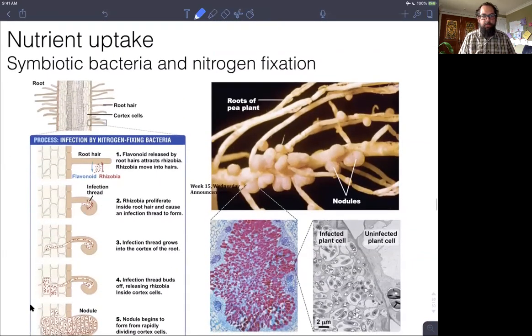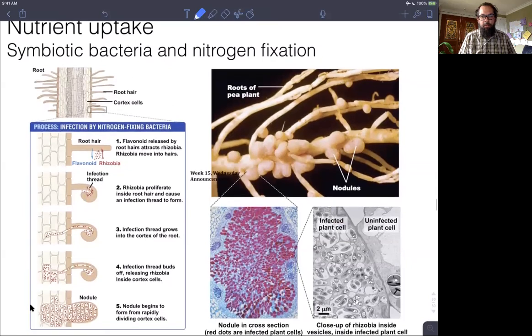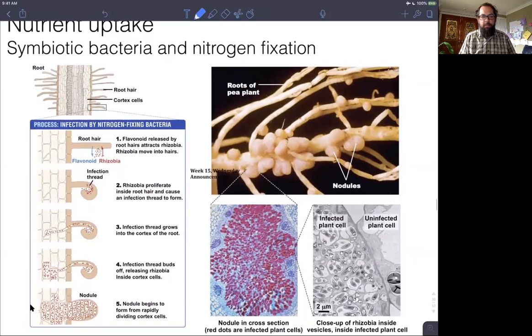I'm not going to hold you to memorizing this sequence of events, but what I want to show you here is that it's the root hairs themselves that are manipulated. And so the plants are releasing a signal. This is a biochemical signal, flavonoids, into the soil, and that actually attracts the rhizobia, the nitrogen fixing bacteria, to the plant root hairs.